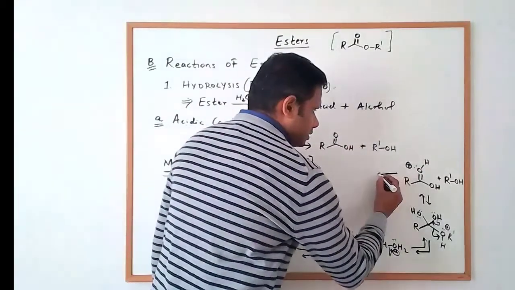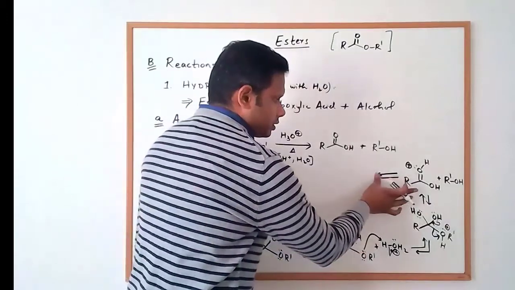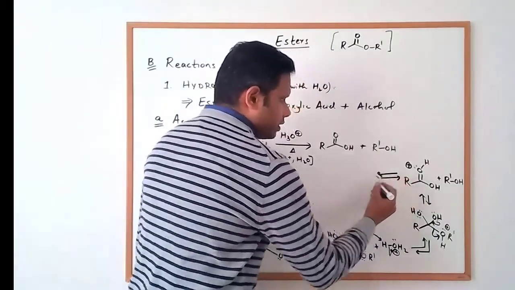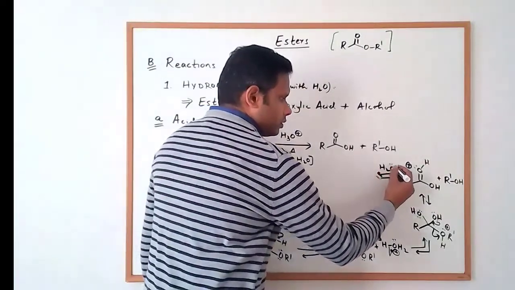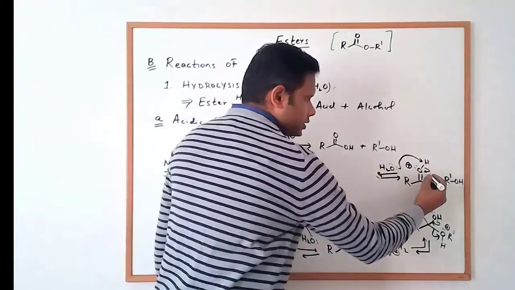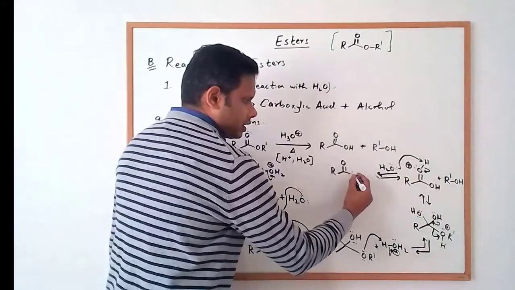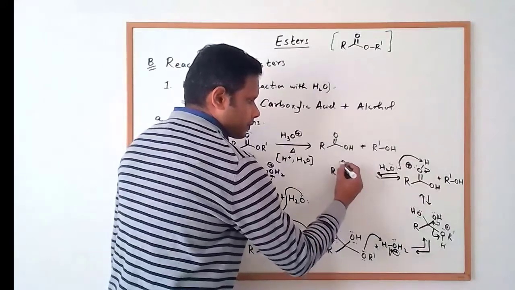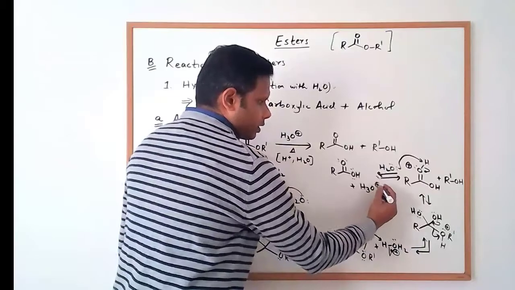And in the last step here, another molecule of water, which is present in excess here, can come and deprotonate this oxygen to give us the carboxylic acid plus H3O plus.